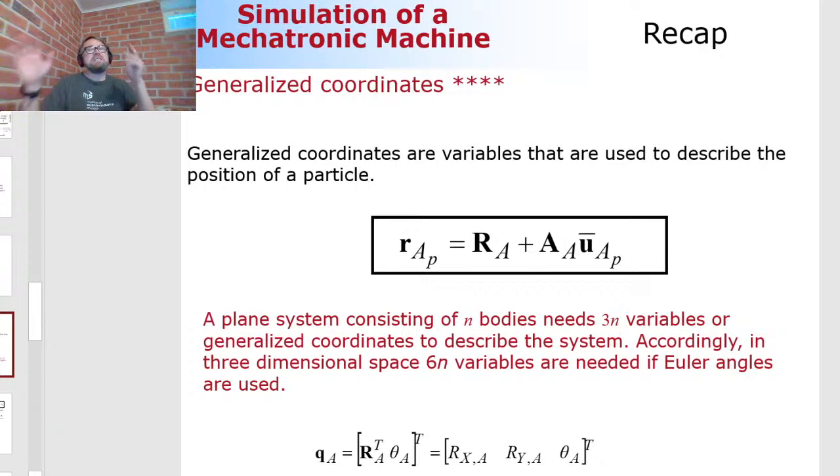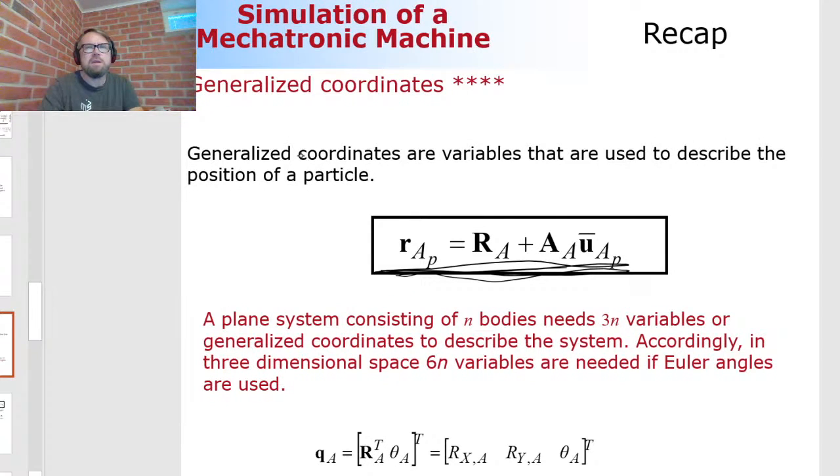Generalized coordinates. This is what I would not skip, if I were you. I would be putting quite a bit of effort into this. And this is an easy topic because generalized coordinates essentially means what are the variables in the kinematics we're using, in this kinematic equation.